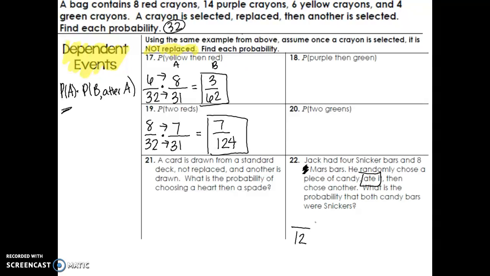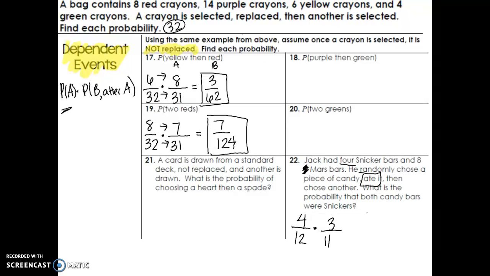So the first time, my P of A, the first time that I chose a Snickers, I had 4 out of 12. That's what it tells us here. However, that second time, we had not only 1 less candy bar, we had 1 less Snickers as well. So instead of 12, now I had 11, and instead of 4, now I have 3.